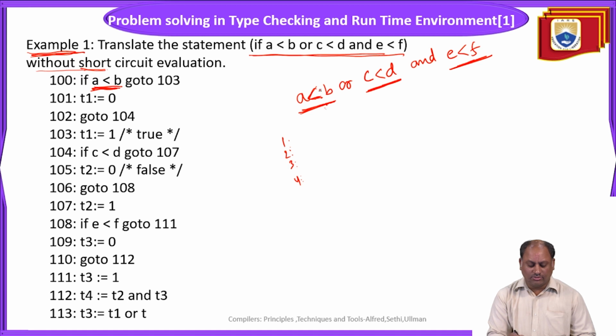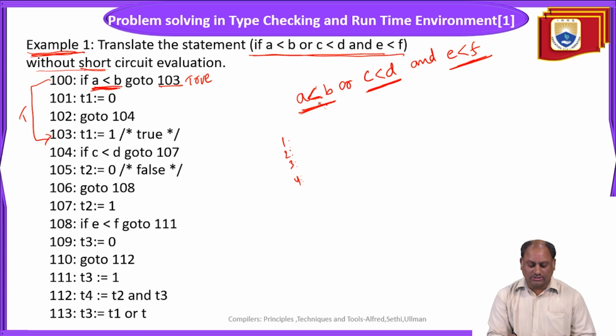If it is true, then we move to step 103. Where is 103? So, this condition is true, then we make T1 equal to 1. That is satisfied.